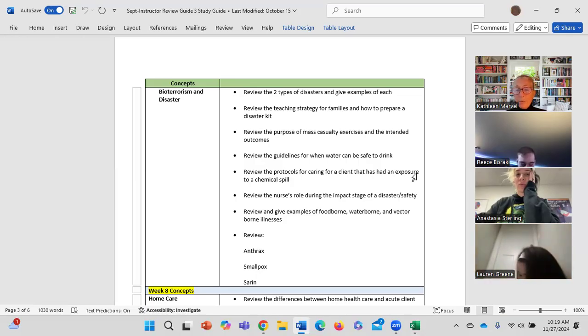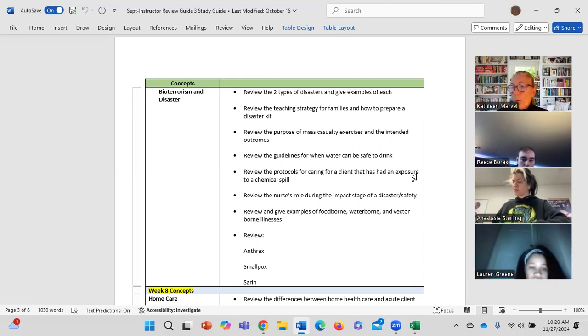What are some examples of foodborne disasters, waterborne disasters, vector-borne disasters? Could foodborne be an issue with the crops? Yeah, foodborne illnesses, salmonella poisoning, from eating uncooked food.